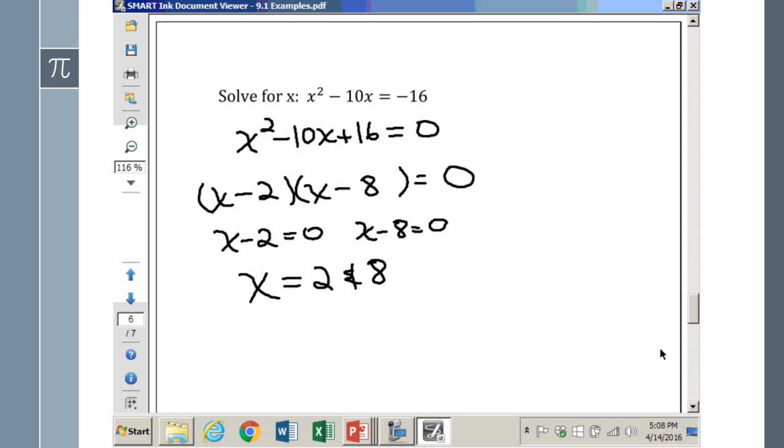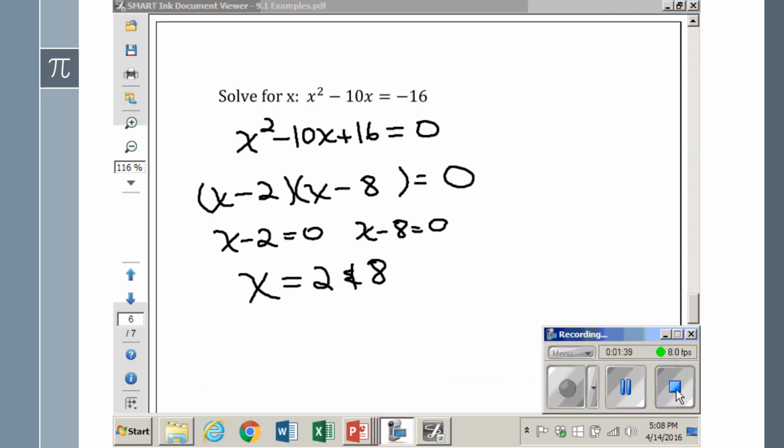We can plug those in. 2 squared is 4, minus 10 times 2 is 20. 4 minus 20 is negative 16, that works out. 8 squared is 64, minus 10 times 8 is negative 80. So 64 minus 80 is negative 16, that works out. We always should check our work to make sure we're getting the correct answer.